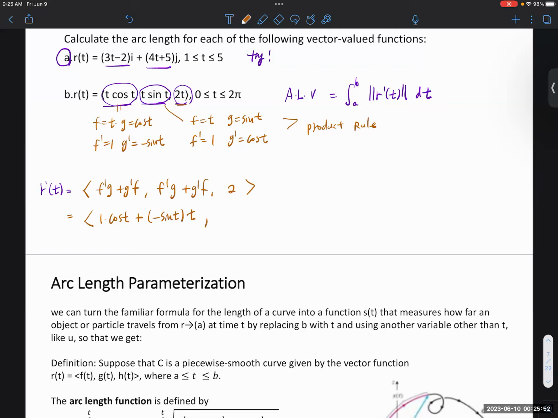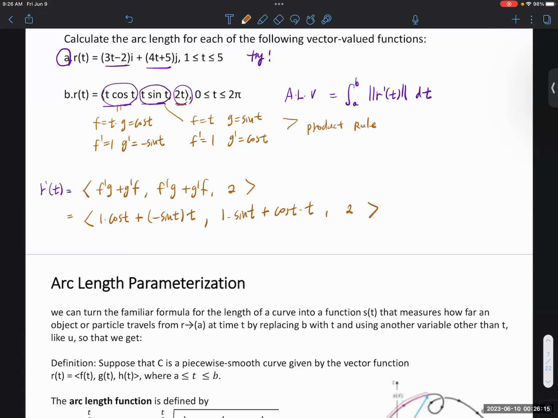This is the first function's derivative. Second function: f prime 1 times g sine t plus g prime cosine t times f. And then we have a 2. So these are the R prime components when you take the derivative.